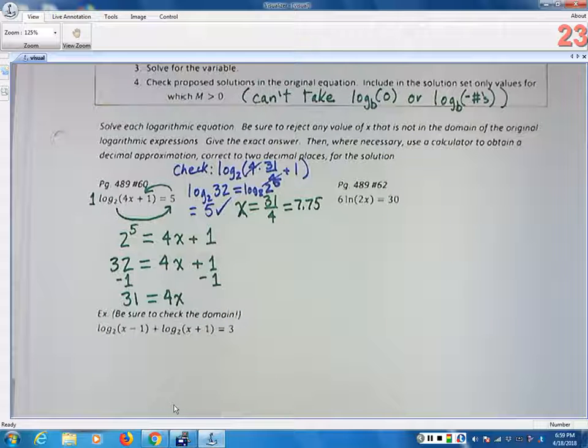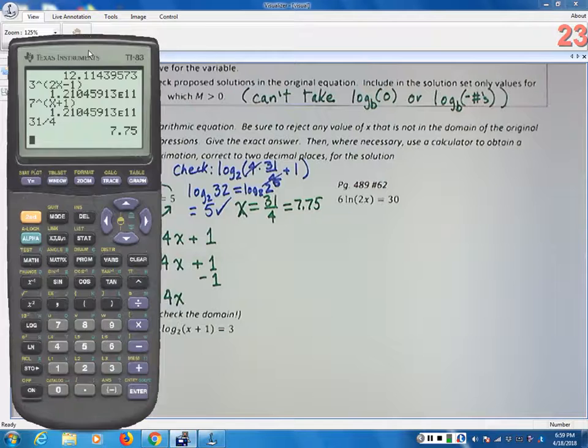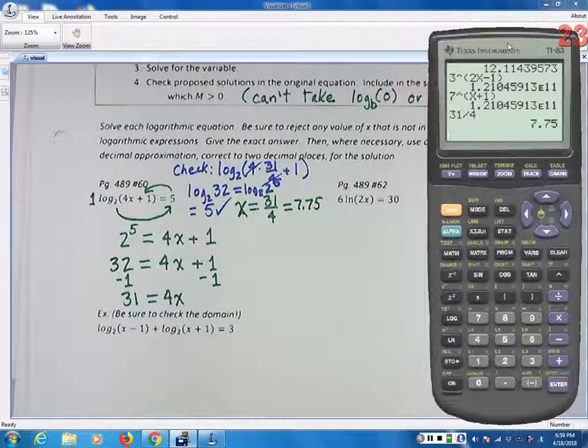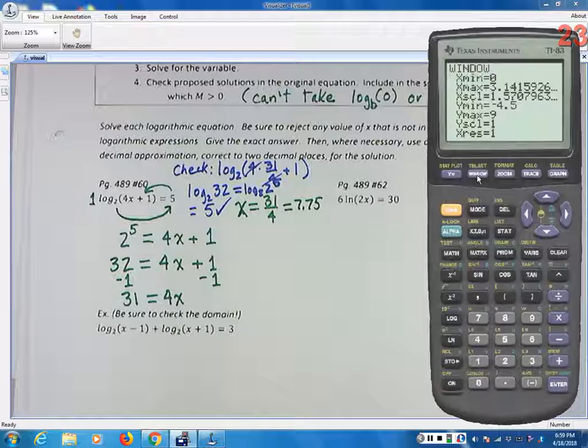Some of you have calculators that do logs of different bases. Or you could use the change of base property to check it. This calculator does not do logs of different bases, but somebody told me it was alpha window, which does nothing for me.